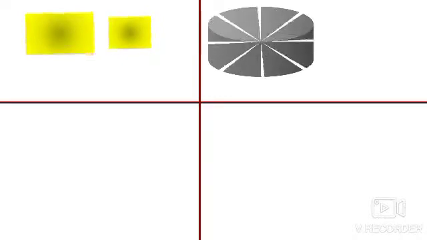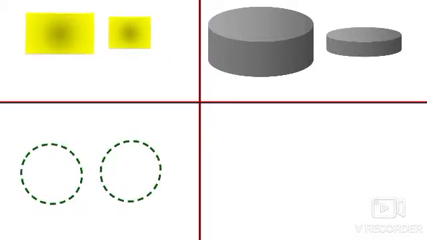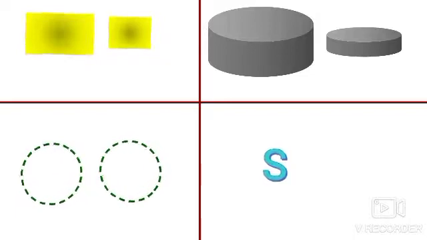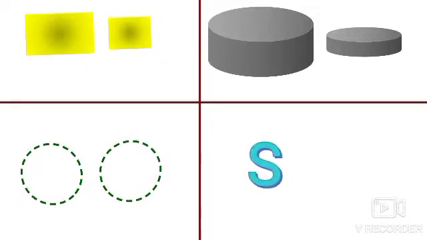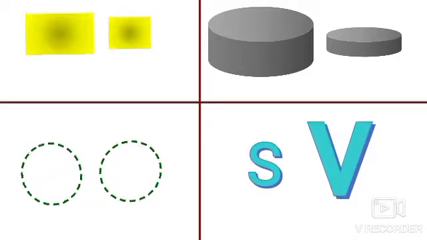Now move on to the next topic. As you can see here, these are two rectangles. These are the two discs, two moving circles, alphabet S, alphabet V. Can you tell me, student, is there any similarity or anything different you can see here?